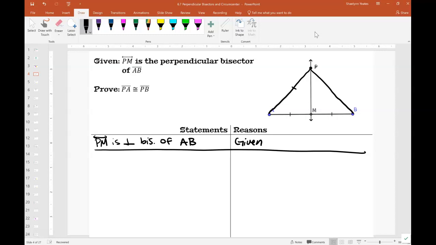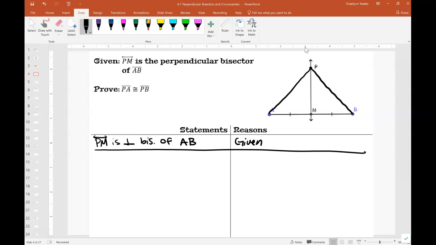I want to prove that this segment is congruent to this segment. That's the entire goal. Basically, we're proving that anywhere I am, as long as I'm on the perpendicular bisector, I would be equidistant, or the same distance, from the two endpoints of the segment.